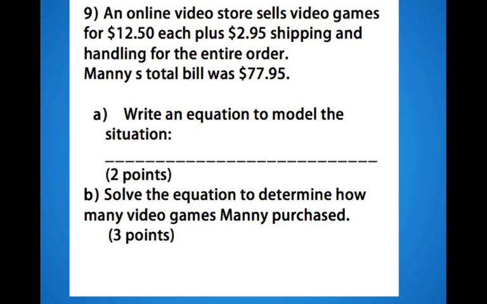Okay, now we're looking at a couple word problems. Let's see if we can figure these out. An online video store sells video games for $12.50 each, plus $2.95 for shipping and handling. Manny's total bill was $77.95. Okay, so let's say X is the number of video games.